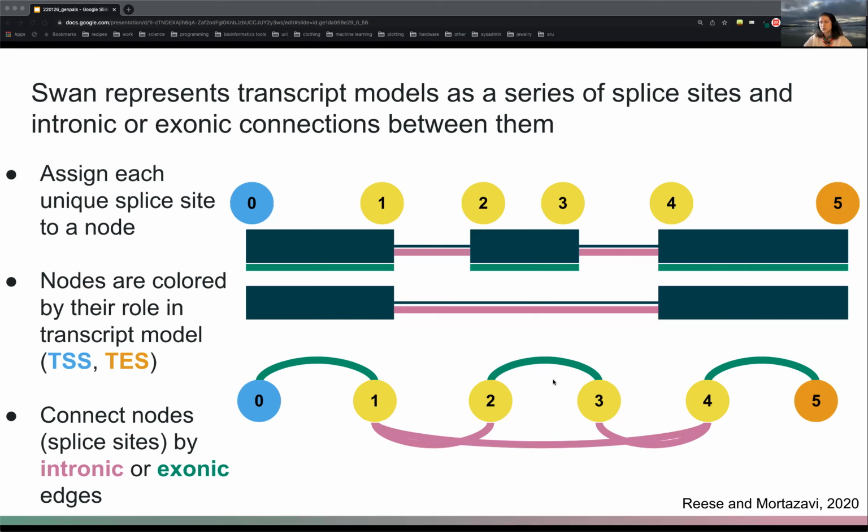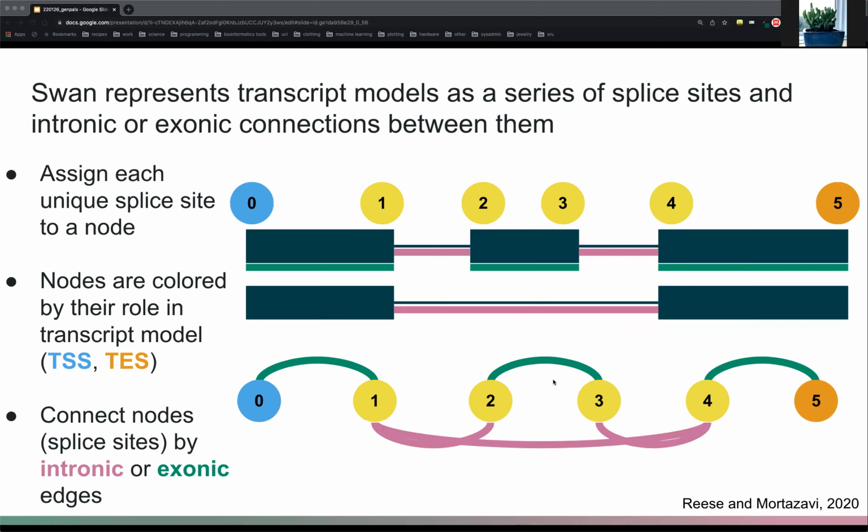So I would say the majority of these nodes are going to be from the annotation, because the majority of splice sites we very, very well know from short read data. But that's not to say that all of them are. I don't know if that answers your question. Yes, it does. Thank you.